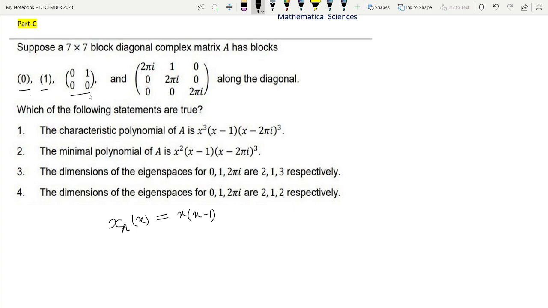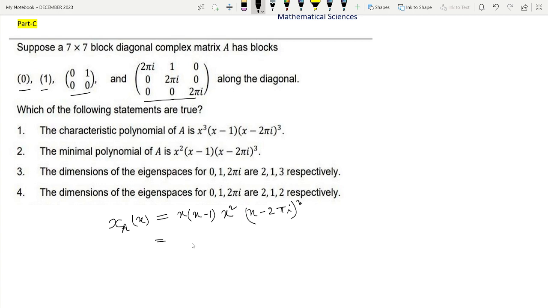Then this is a block of size 2, and again 0 is an eigenvalue. So for this the characteristic polynomial will be x minus 0 whole square, that is x square. And finally for this block of size 3, 2 pi i is an eigenvalue 3 times, so it is x minus 2 pi i whole to the power 3.